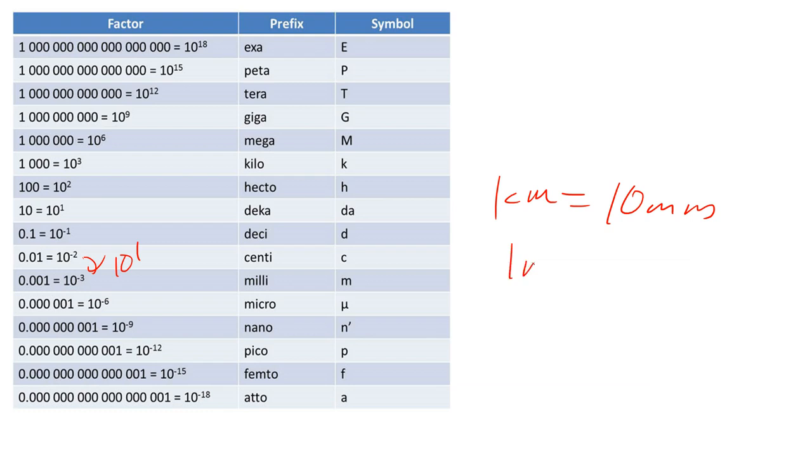And the reason it's not 1 millimeter is equal to 10 centimeters is because as you go down the table, your units decrease. So 1 kilometer is a lot bigger than 1 centimeter. Because of that, you know that the one you're jumping down is going to be a larger unit.